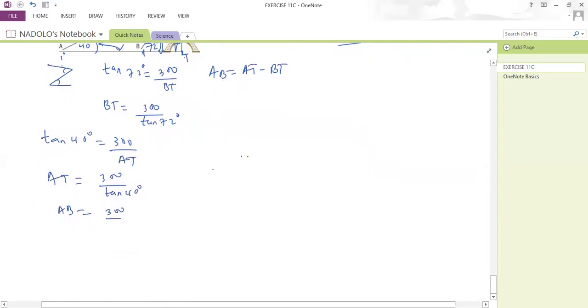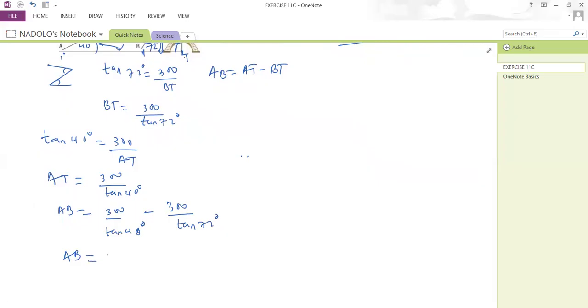300 divided by tan 40 degrees minus BT. BT is 300 divided by tan 72 degrees. So use your calculator to do 300 divided by tan 40 and then subtract 300 divided by tan 72.